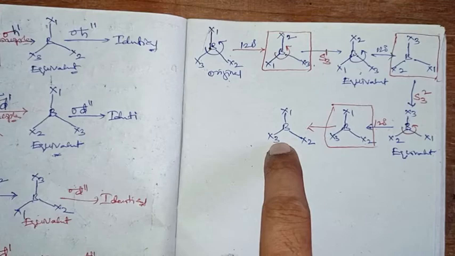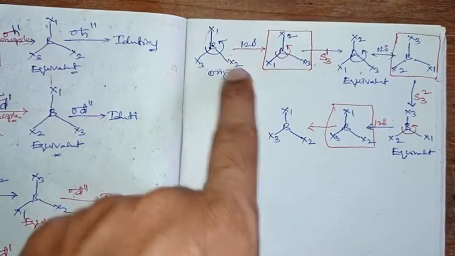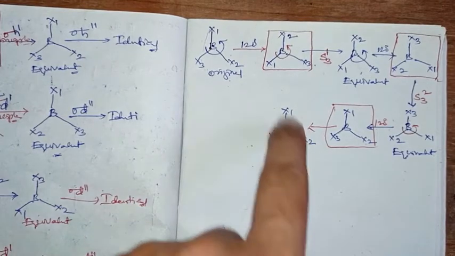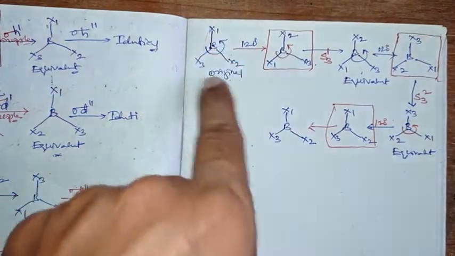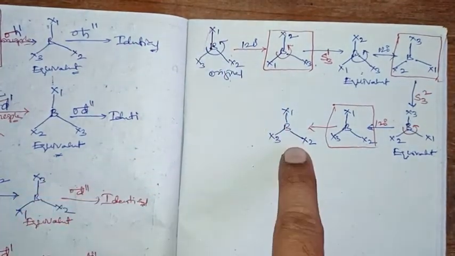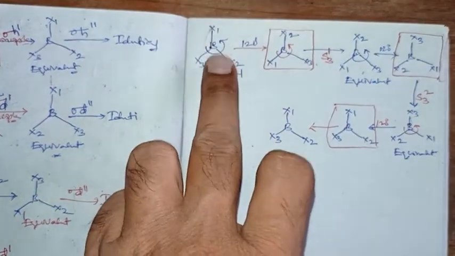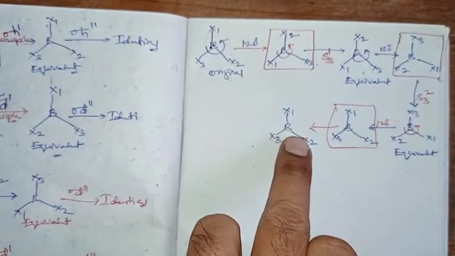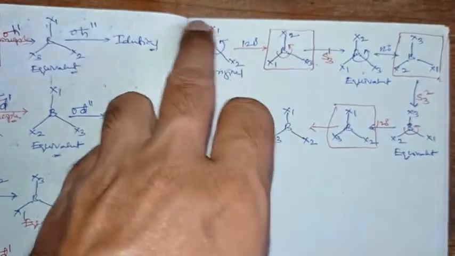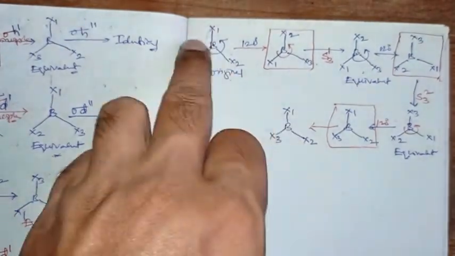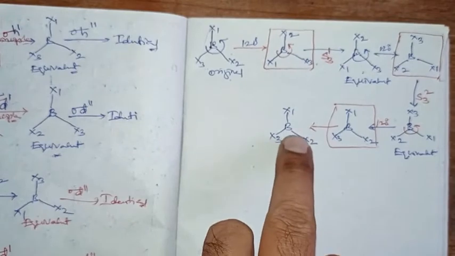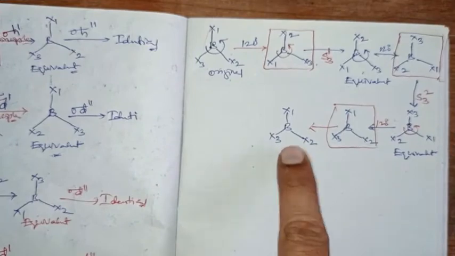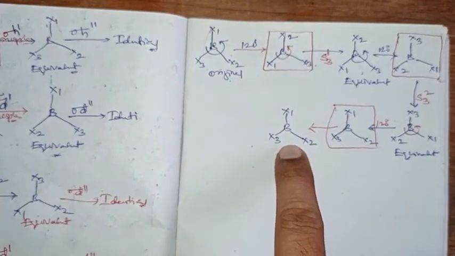You should not only bother about the same notations of the similar atoms, the same labeling of the atoms, you also have to bother about the faces of the atoms. By looking at the notations of the similar atoms and the structure you may say it is equivalent, but when you see the faces of the atoms, it becomes equivalent, not identical.